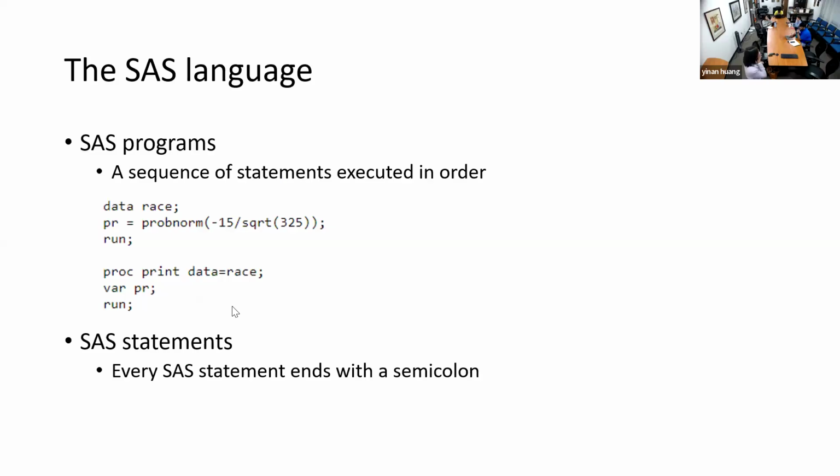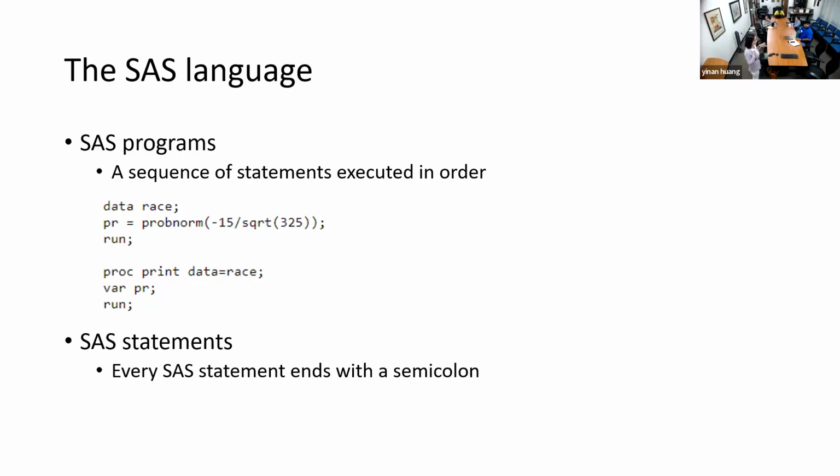Now, moving on to the next part. I'm assuming all of you already have some knowledge here, based on our discussion, of the SAS language. We will talk about the SAS language and the two key steps, data steps and proc steps.